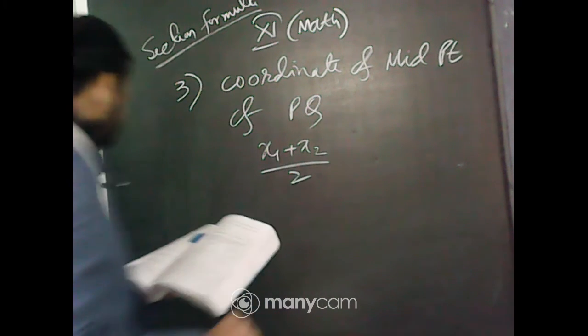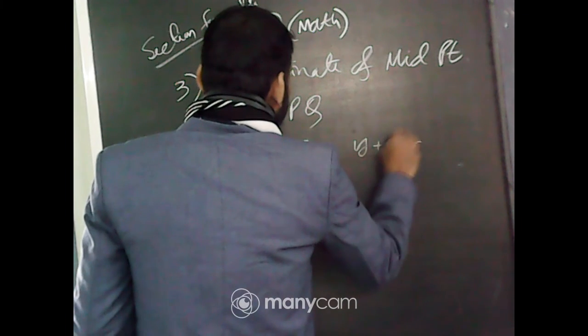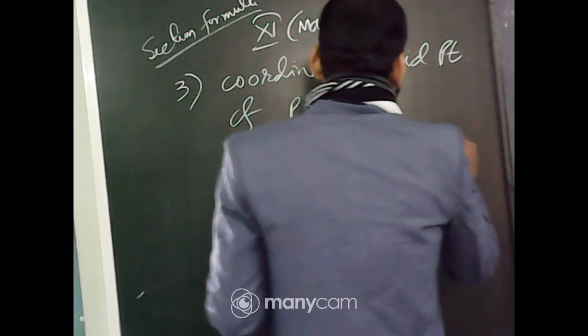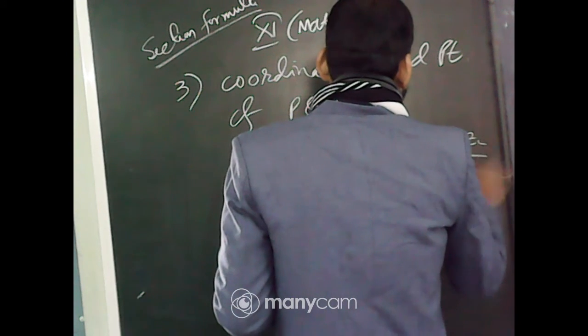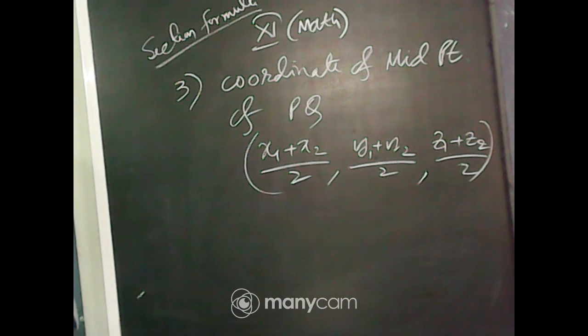Here m is to n means 1 is to 1. y1 plus y2 by 2 and z1 plus z2 by 2. Isn't it the midpoint? All the formulas are like the 2D.